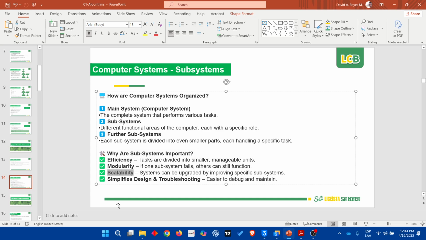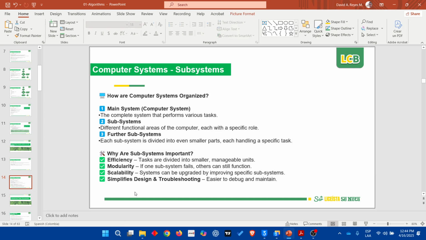So if you divide your processes, you are going to have the possibility to upgrade, update, or improve any service. That means that the complete system is going to improve. Okay. And obviously it simplifies the design and troubleshooting. It's going to be easier to debug and maintain. Okay.